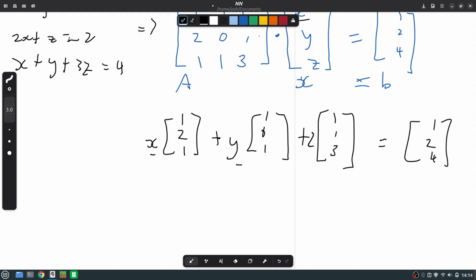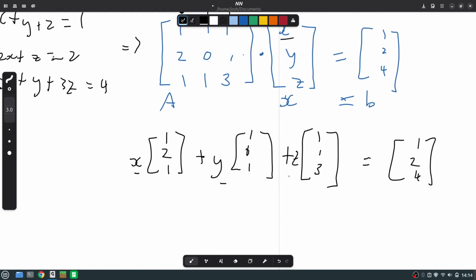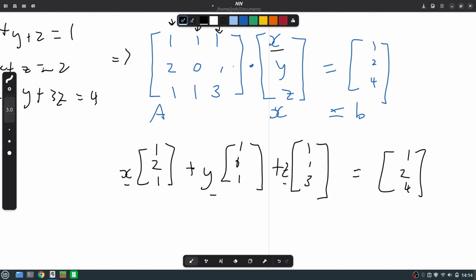Oh, sorry, z is supposed to be here. Forgot the z. Some amount of z will produce this resultant vector. And that's what you're doing when you're trying to solve the system of linear equations. You're looking for the exact coefficients that come in front of each of these vectors, and when you add them together, you will get this resultant vector here on the right-hand side.